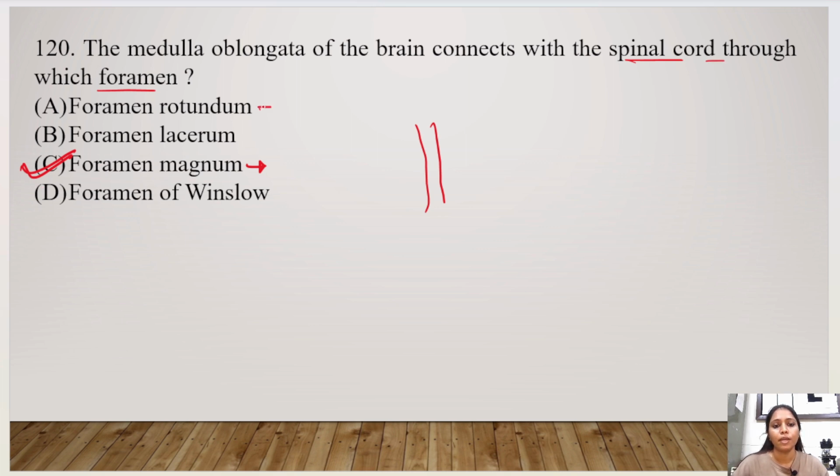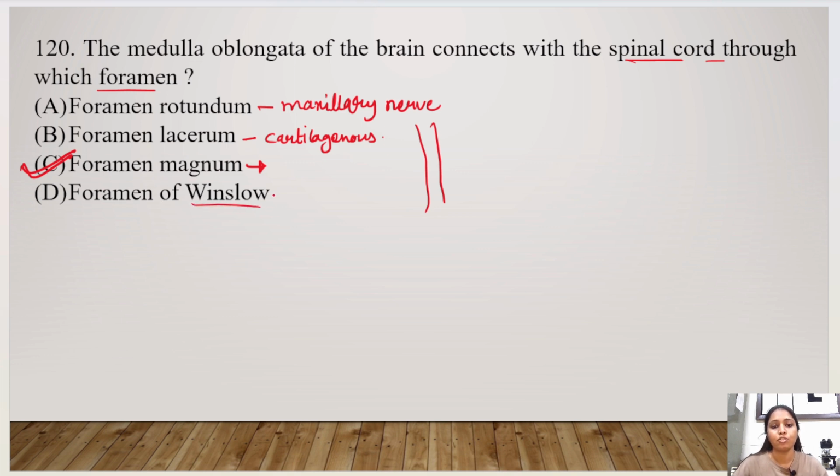Foramen rotundum and foramen lacerum are also found in the nervous system, and foramen rotundum transmits the maxillary nerve of the trigeminal nerve. Foramen lacerum is cartilaginous and transmits small nerves also.